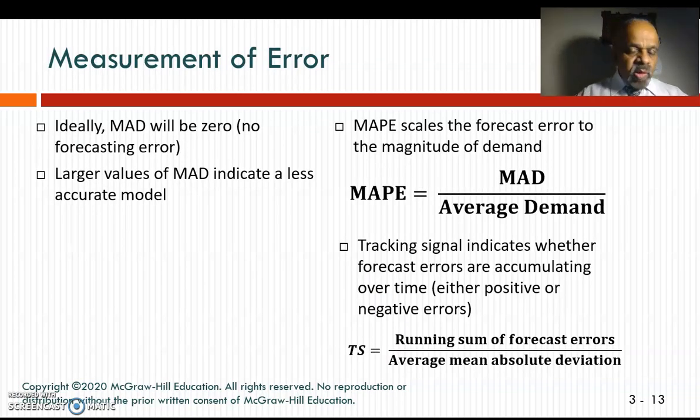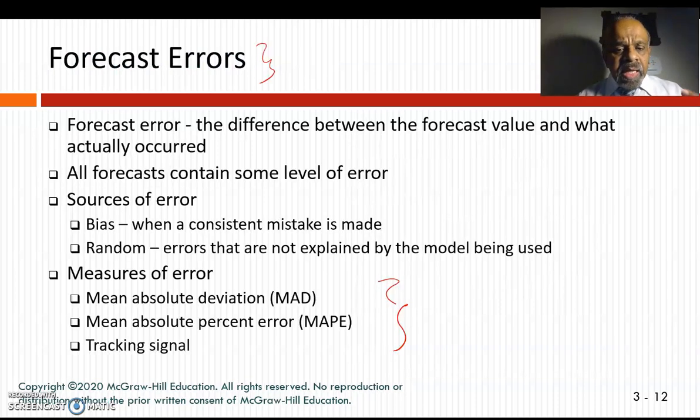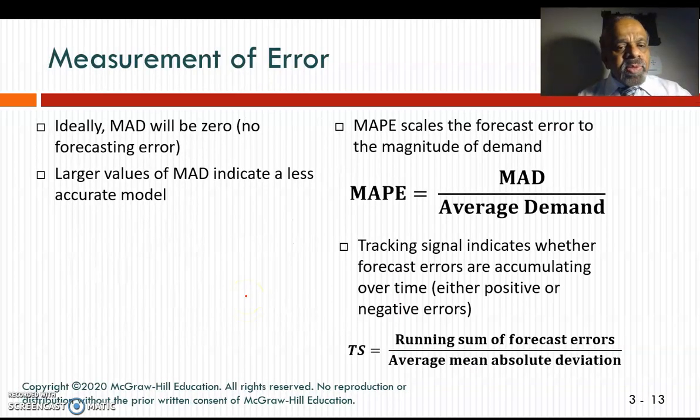So let's look at the equations of this. Ideally, MAD, the mean absolute deviation, will be 0. That means ideally you'd want no forecasting error. Larger values of the mean absolute deviation indicate a less accurate model.